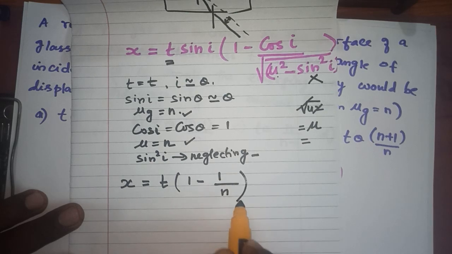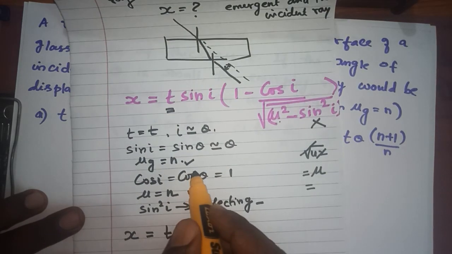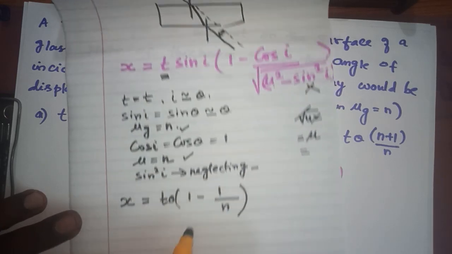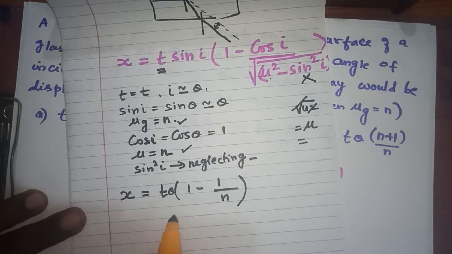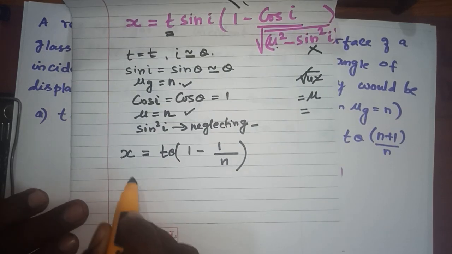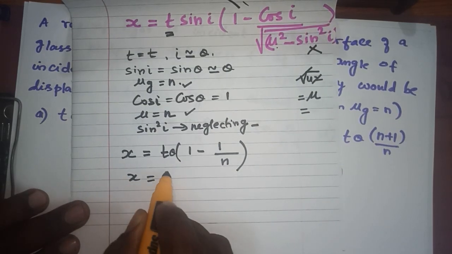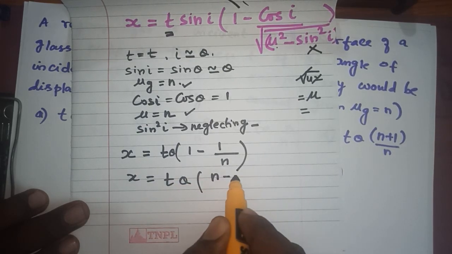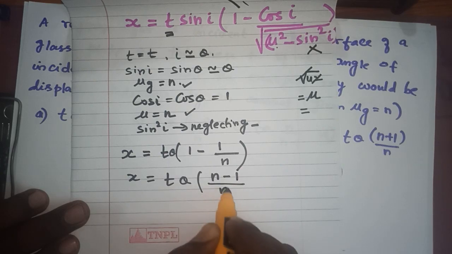Alright, so here I have this sine i, I can take this theta, right, sine theta. So what is my x equal to, t theta, 1 minus 1 by n, so I can write x equal to t theta n minus 1 by n.